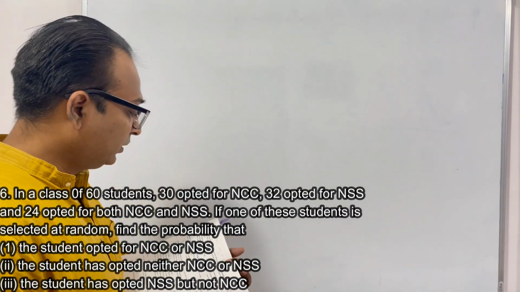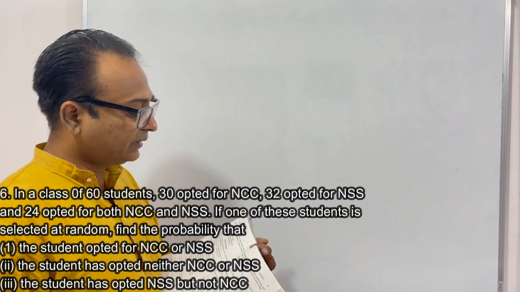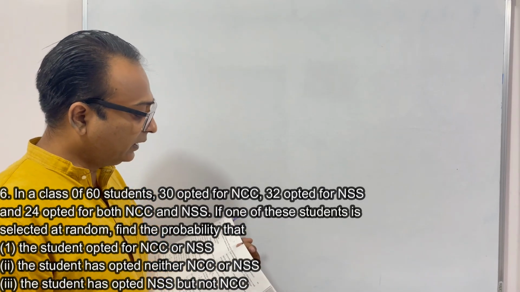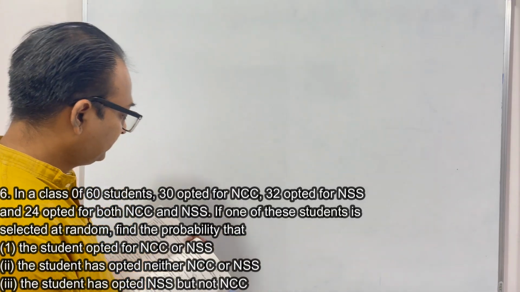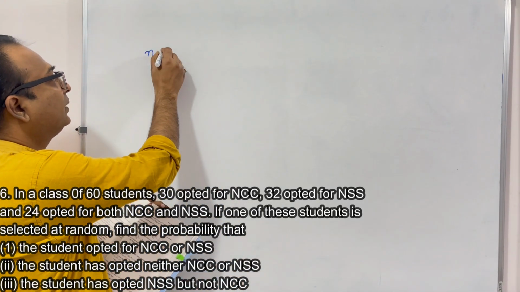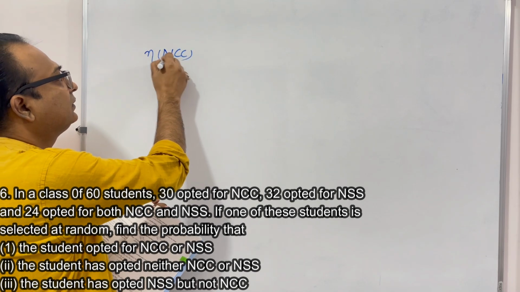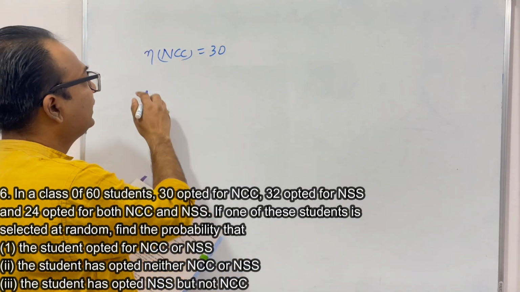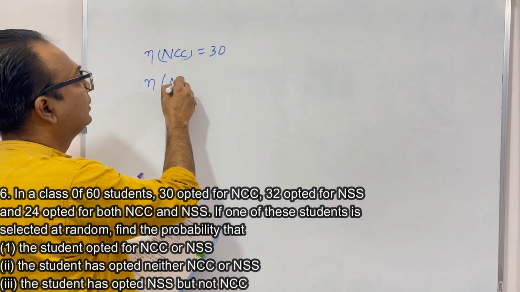This is a good question. It says, in a class of 60 students, there are altogether 60 students. 30 opted for NCC. That is, the number in NCC is 30. And 32 opted for NSS.